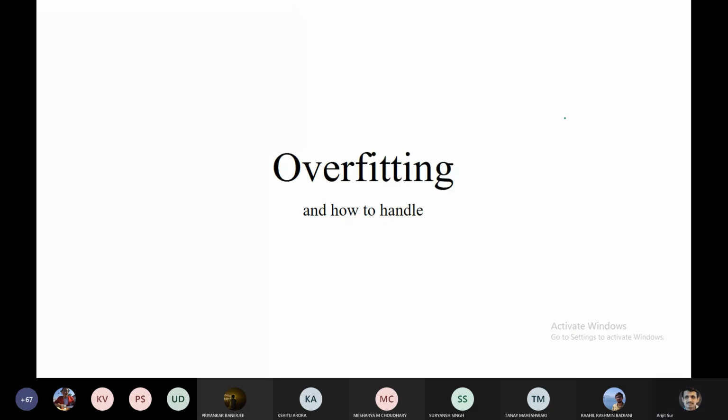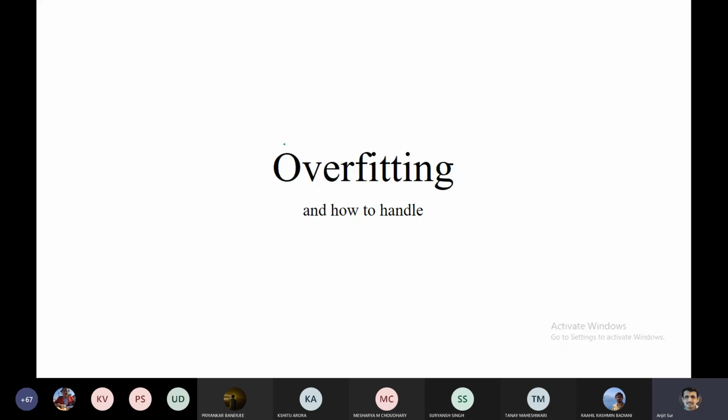Okay. Today we'll start a very important topic of machine learning, that is called overfitting. These are the two main things we have to understand in this particular topic.